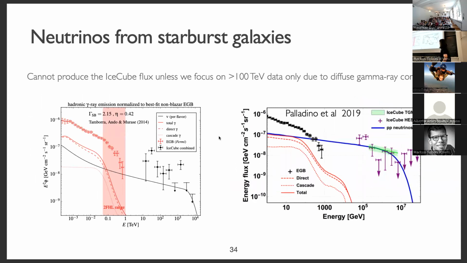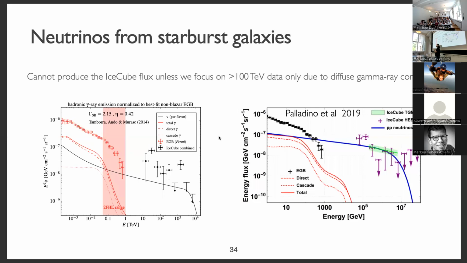And just briefly, the only problem with starburst galaxies is that if we want to explain all the neutrino data with starburst galaxies down to low energies, we have a problem: they would overshoot the diffuse gamma ray emission.